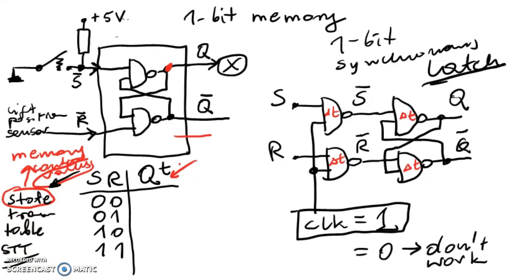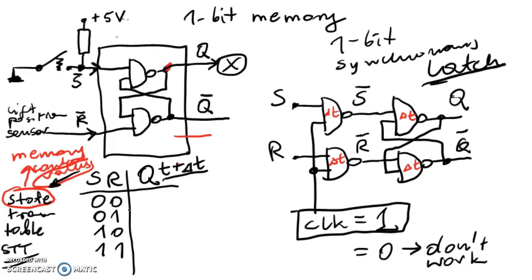And what about Q of t? Q of t must be followed by delta t, which is this propagation time. So Q of t means the current value of Q, and t plus delta t means the next value of Q after transients have passed.